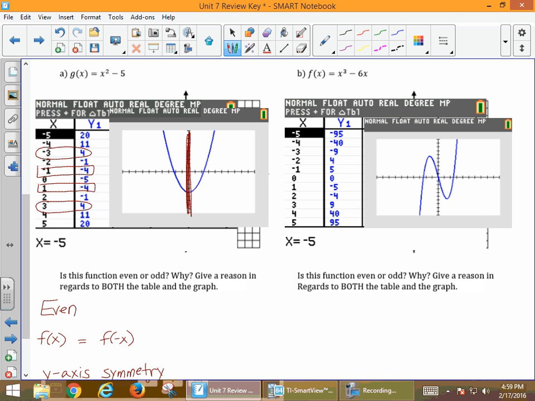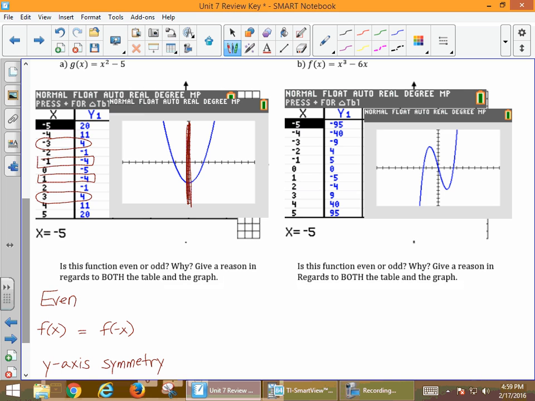All right. And so I can take a look at this graph, and I need to know if this is even or odd. As I look at my values again, I'm going to choose the same values, 3 and negative 3. You'll notice that the y values are not the same. One is positive 9, the other is negative 9, but they are opposites of one another.